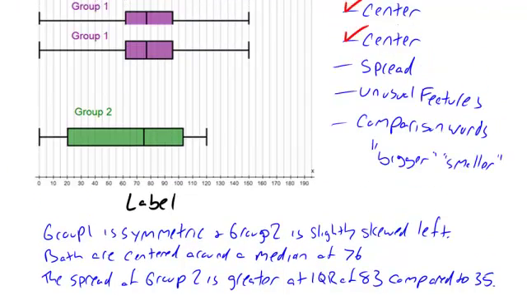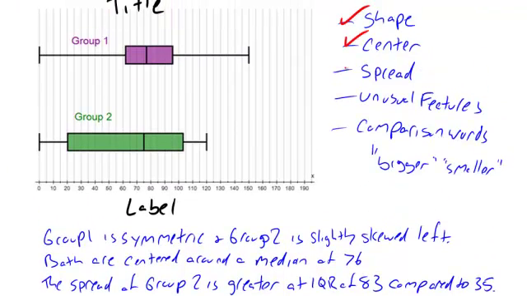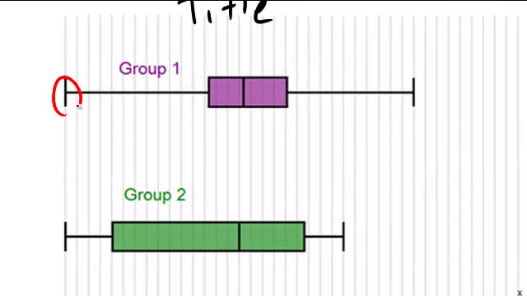So now I talked about the shape, the center, the spread, and now to talk about unusual features. Well, I don't have the actual data. I'm not going to calculate the fences or do standard deviations, but I can guesstimate. I'm going to guess that there is a potential outlier here and here in group 1, but group 2 it doesn't seem like it.